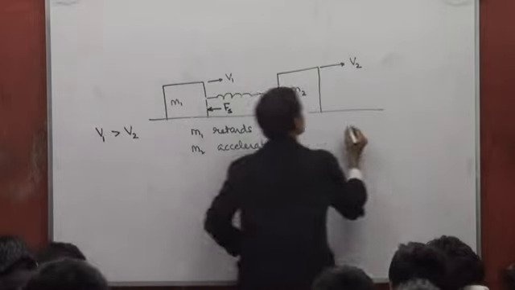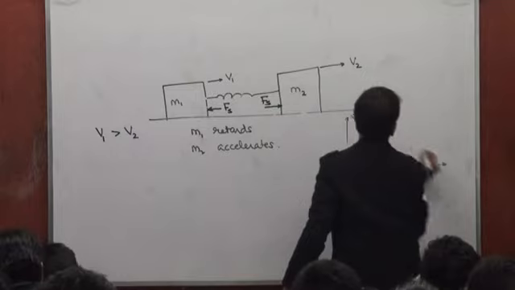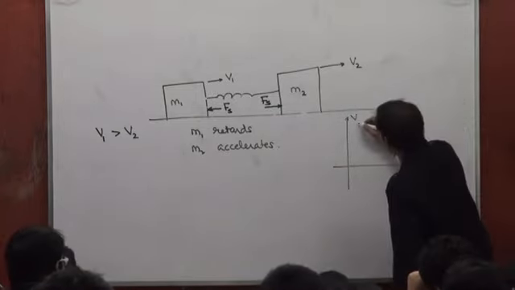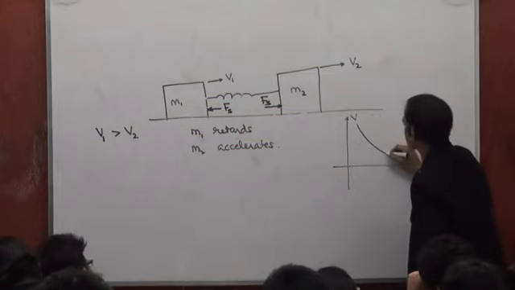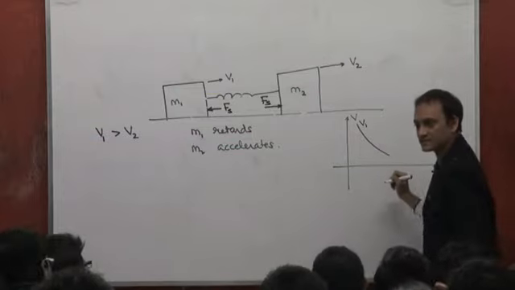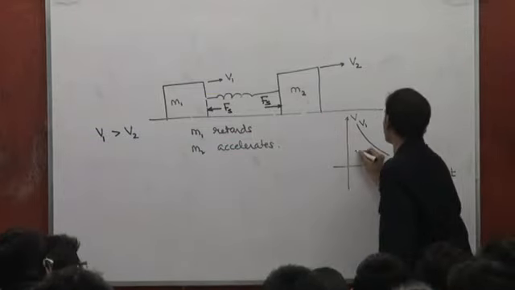Which means typically, starting from t equal to 0, the velocity of m1 will decrease, say v1 decreases, right? Whereas the velocity of m2, which is v2, increases.